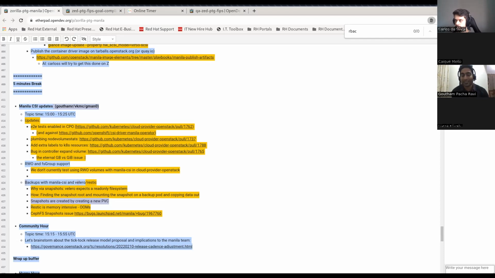One was fairly simple, which was the issue with optional features. Manila treats the creation of snapshots and the cloning of snapshots into new shares as both optional features, alongside many other optional things that Manila shares can do. And I think the CSI driver is one of the places where we've implemented this the way Manila has it.